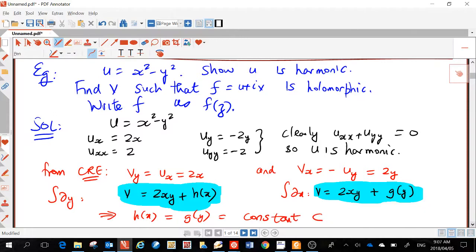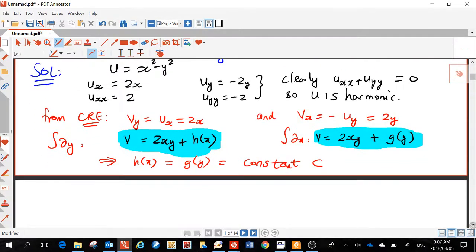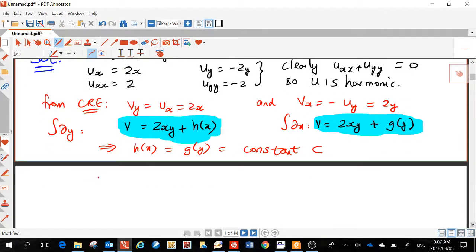Let's call it c. So it turns out v is the function 2xy plus a constant c. That's the function v.